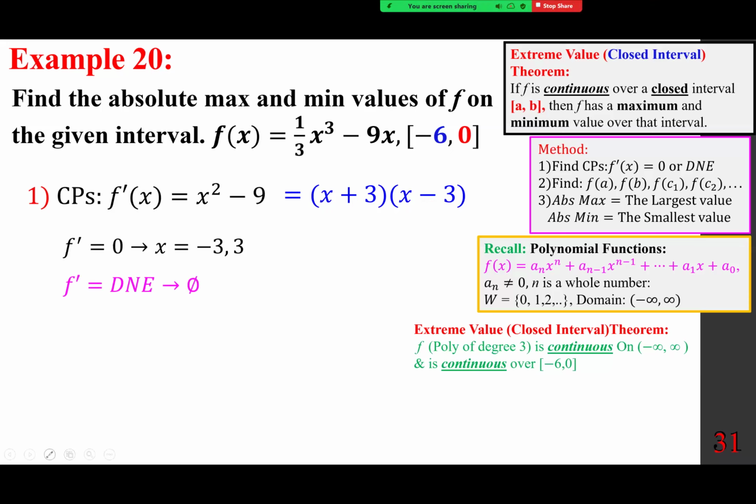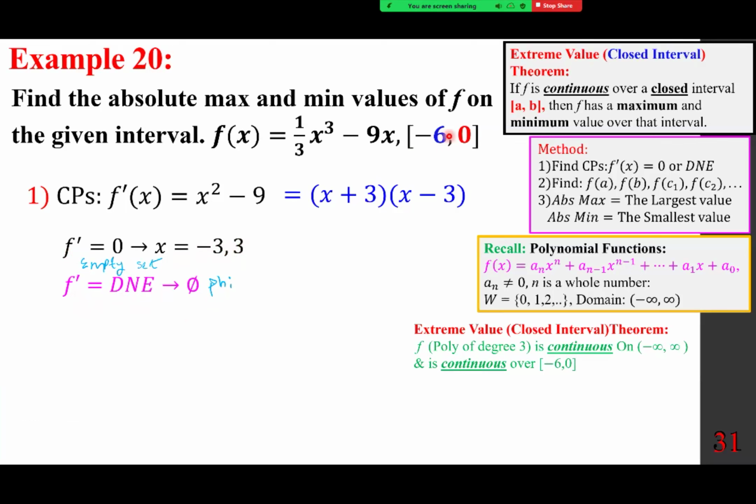This is phi, a Greek letter that represents an empty set. Meaning f prime equals 0 has solutions? Yes. How many? 2. F prime doesn't exist has solutions? No. So those are two possibilities.